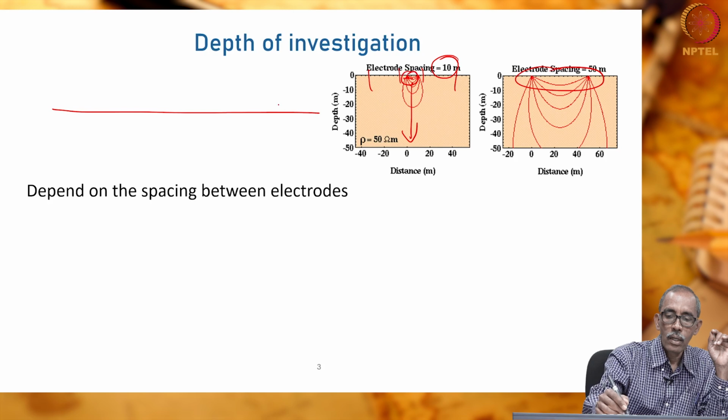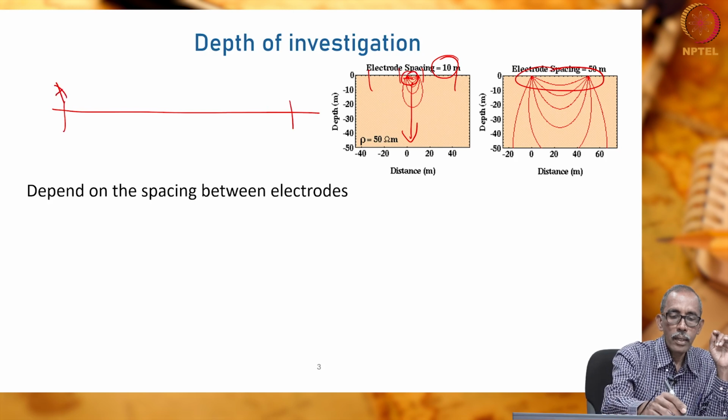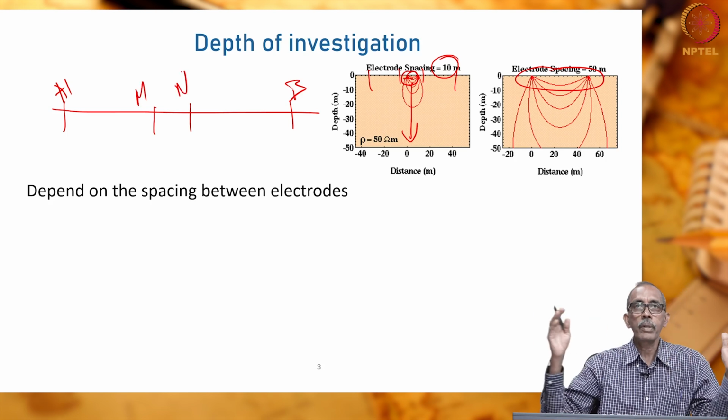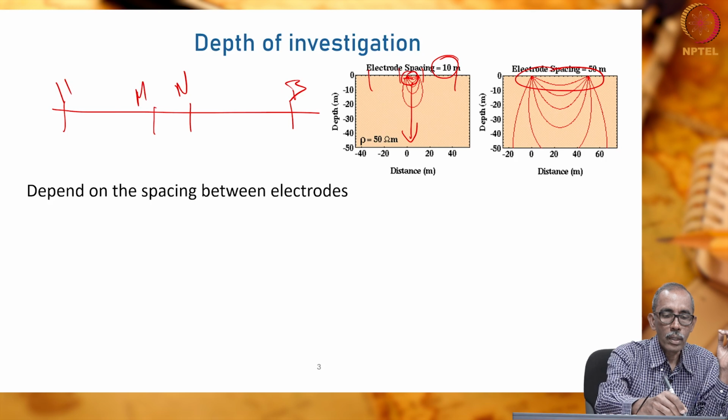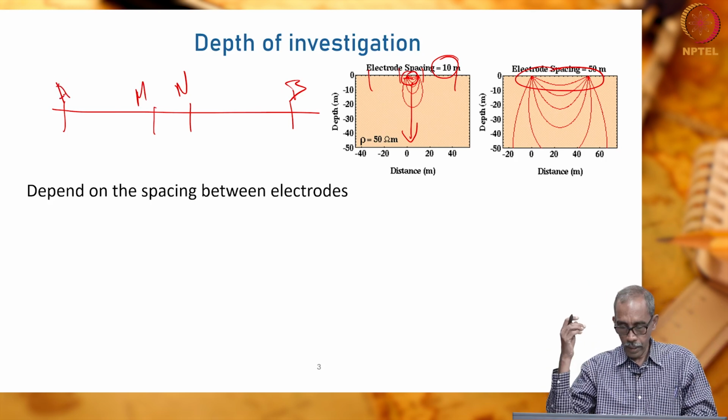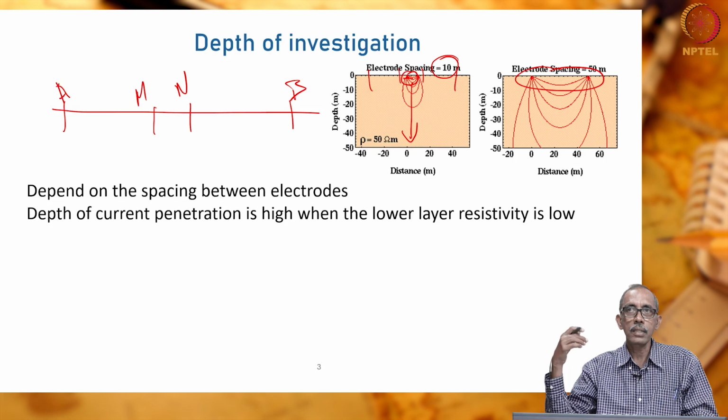So, these are the 4 electrodes. A and B are the current electrodes, and potential electrodes are referred to by M and N. The spacing between current electrodes will be progressively increased in order to increase the depth of penetration of current. This helps us to understand the variation in the apparent resistivity below the surface of the earth.